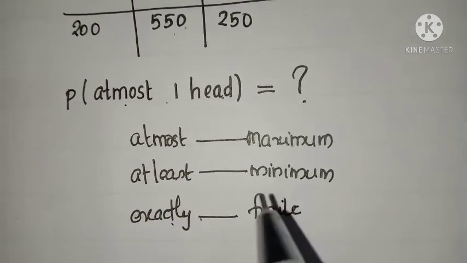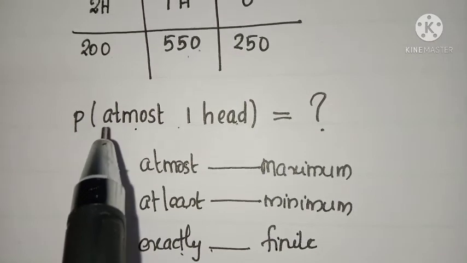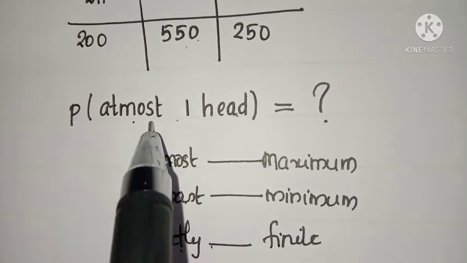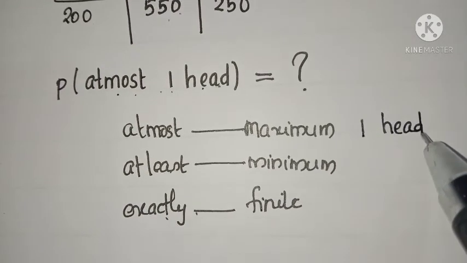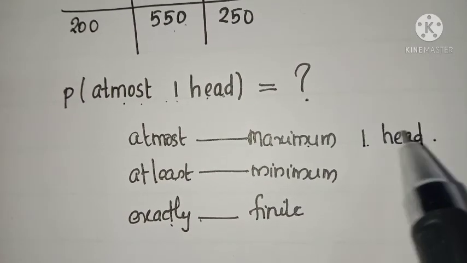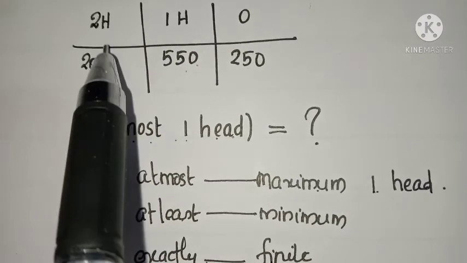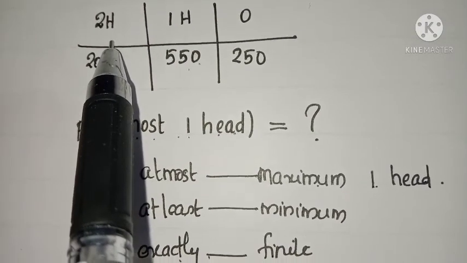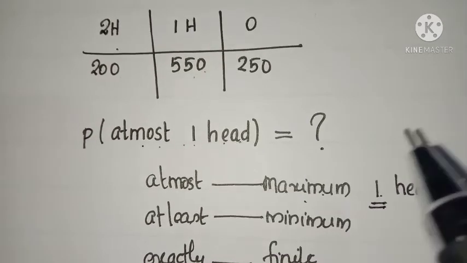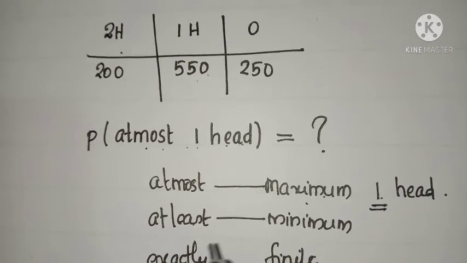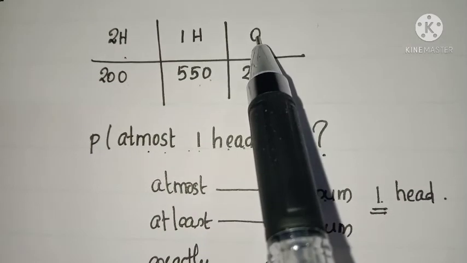So here we need to find probability of at most one head, meaning maximum one head. Two heads is not possible to consider because the maximum value is 1. We can consider less than 1 also. Less than 1 means 0 head also.